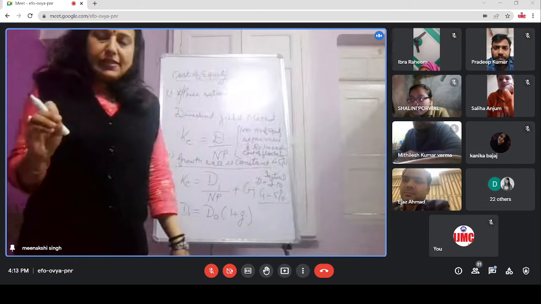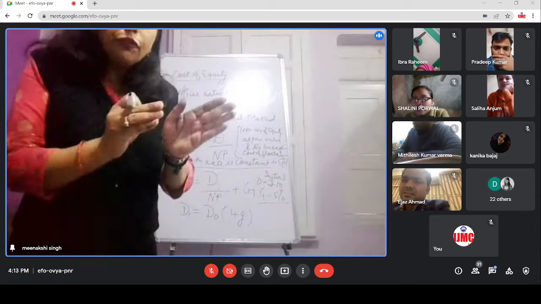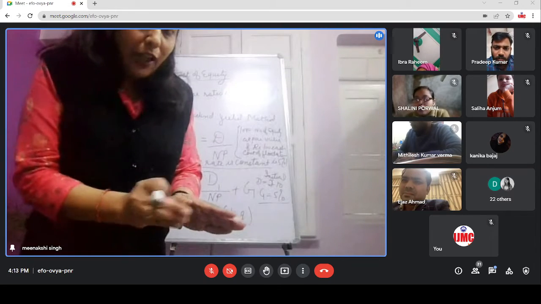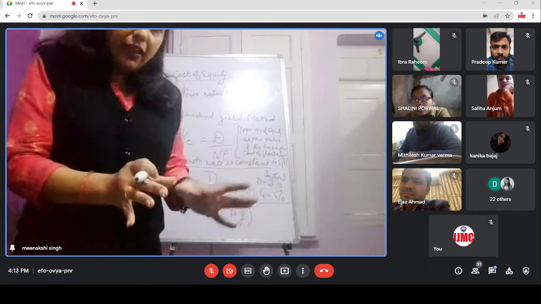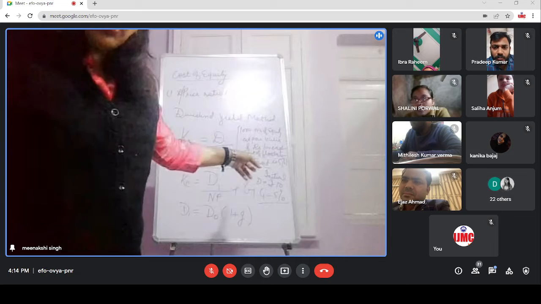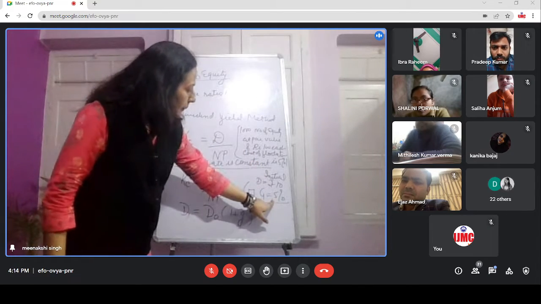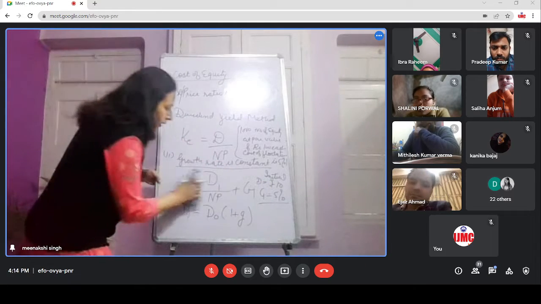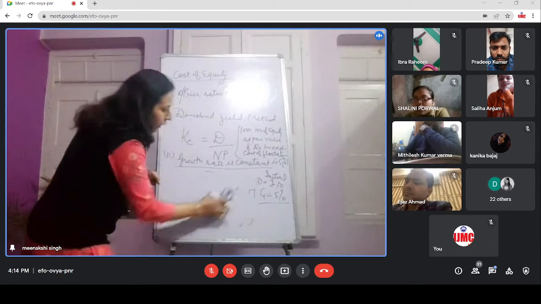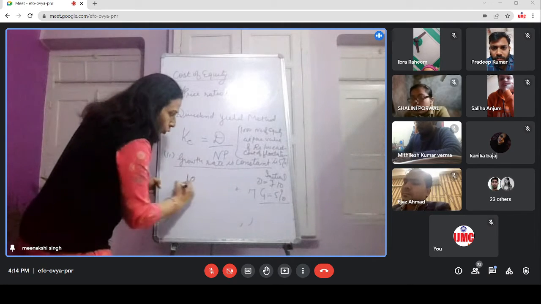When for the first time the company is issuing its equity, they start with a dividend of 10 rupees only. They are not going to make an addition. But after that, there is a continuous addition of 5% to the dividend. So you are not going to add this 5% right now. Am I clear? So in the initial stages, what is the dividend we are going to pay? It will remain 10. No change.